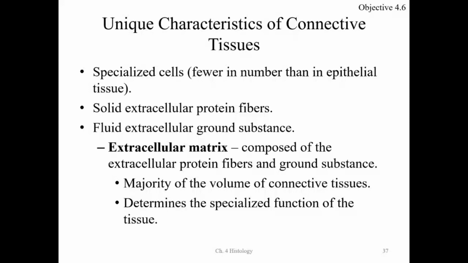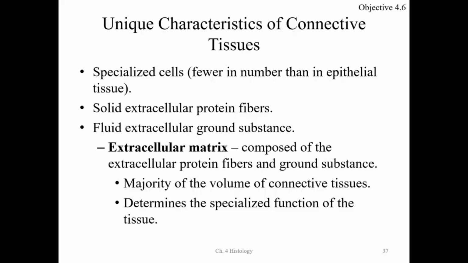I want you to imagine, if you will, 2 friends on a seesaw. On one side of the seesaw, there is fibers. And on the other side of the seesaw, there is ground substance. Now, you might have a tissue that's almost entirely fibers and hardly any ground substance. Then you might have a tissue that's almost entirely ground substance and few, if any, fibers. And everything in between.